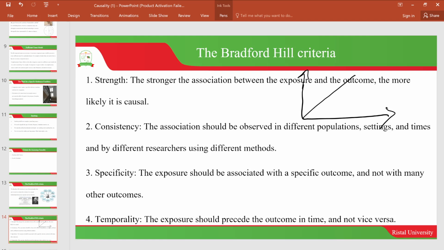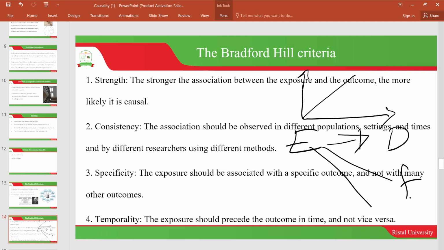And then specificity. The exposure should be associated with a specific outcome, not with many outcomes. It is basically saying that exposure E is linked to health event D, and not exposure E causing another one F, another one G. No, we don't want that case.